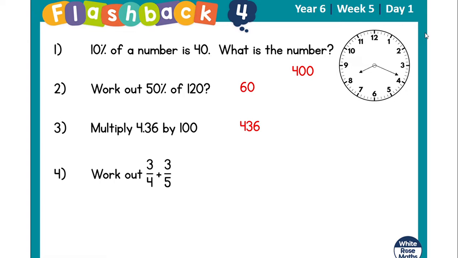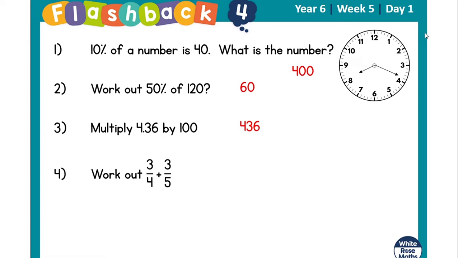Okay, for question 4, work out 3/4 plus 3/5. At the moment, these fractions are in different size parts, so we need to make them into the same size parts and find a common denominator. The common denominator is always going to be the largest denominator or a multiple of the largest denominator.